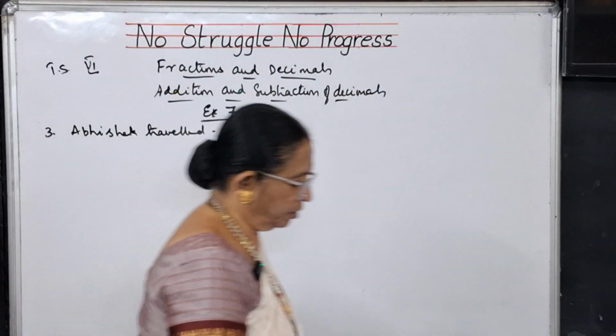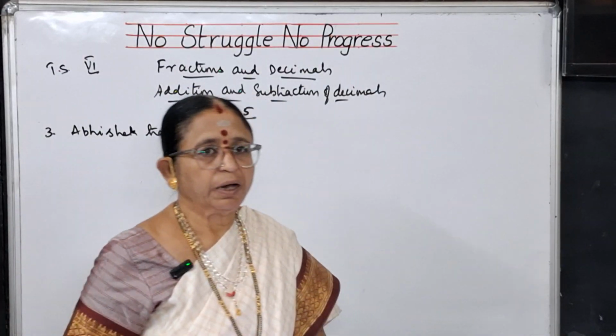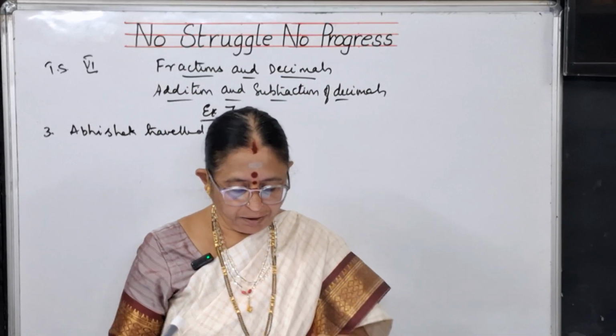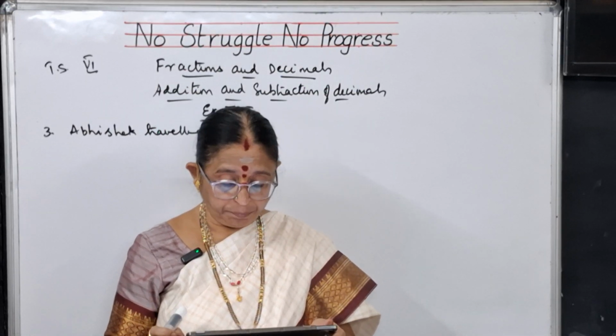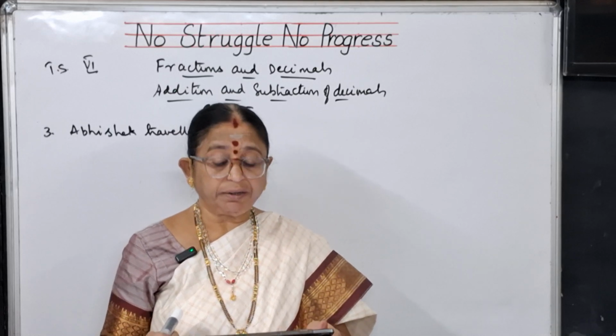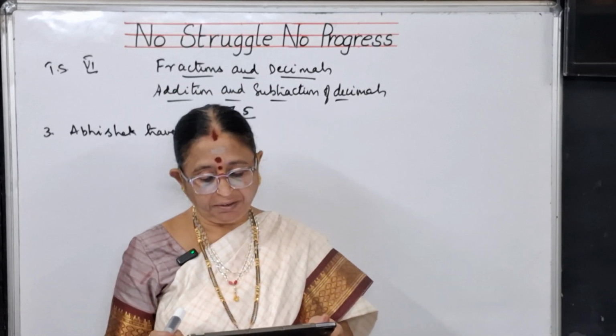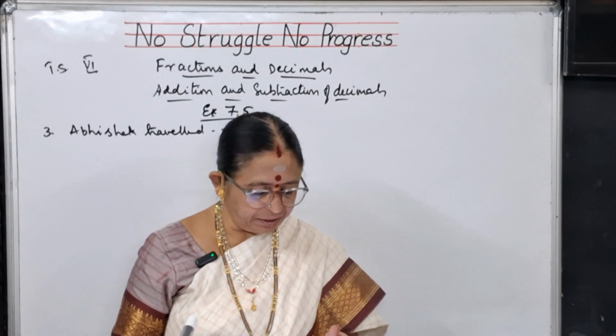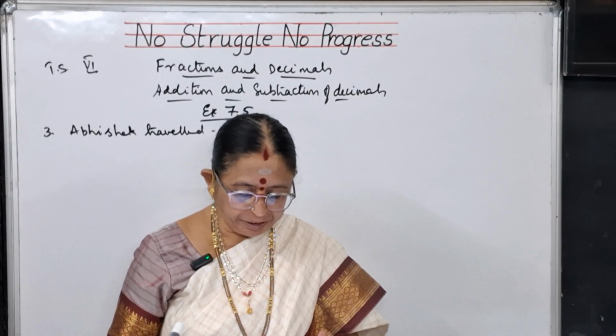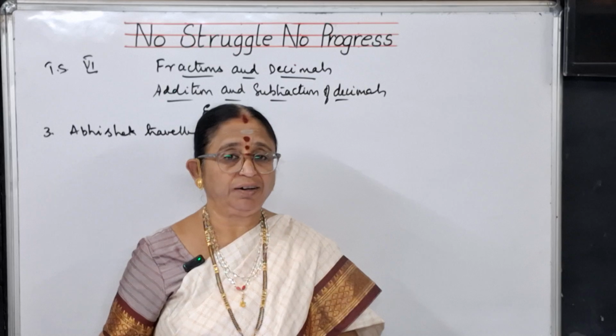Let me read the problem. Abhishek traveled 5 kilometers 28 meters by bus, 2 kilometers 265 meters by car, and the rest 1 kilometer 30 meters on foot. How much distance did he travel in all?